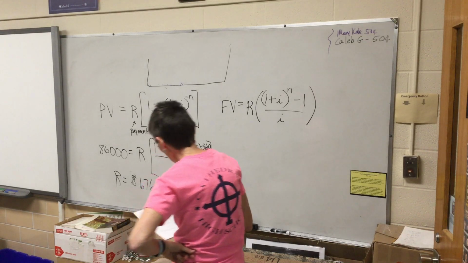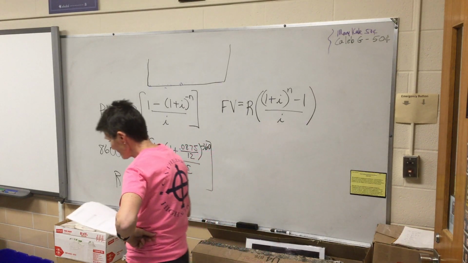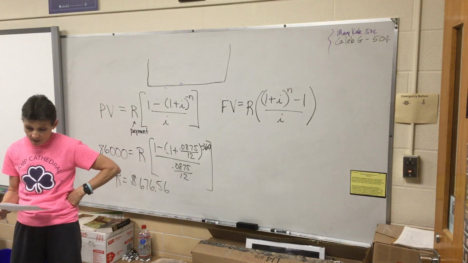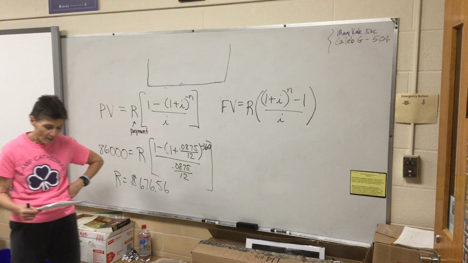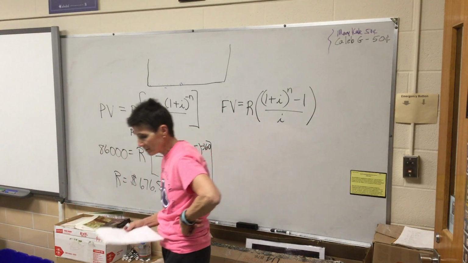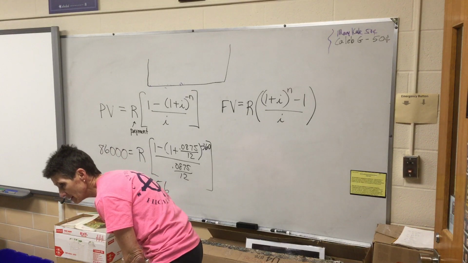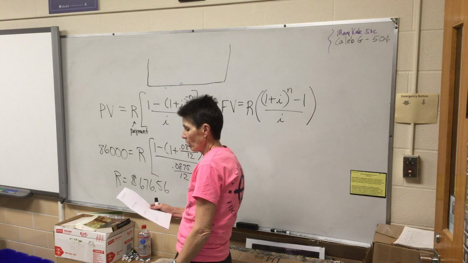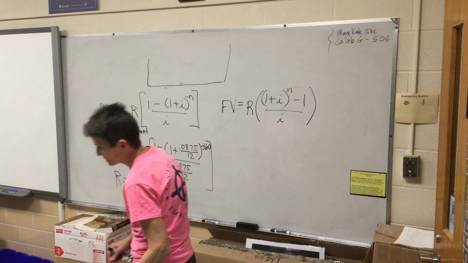All right, number 12, here we go. Joelle invests $8,000 into a retirement account with a 9% interest rate compounded monthly. How long will it take this single payment to grow into $16,000?